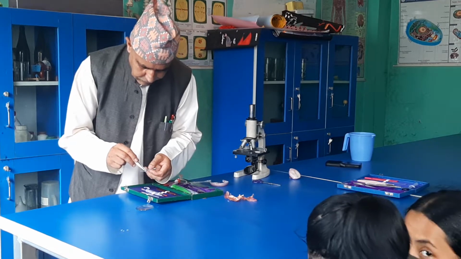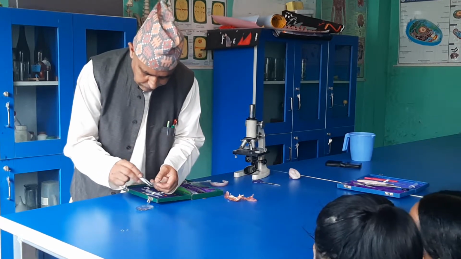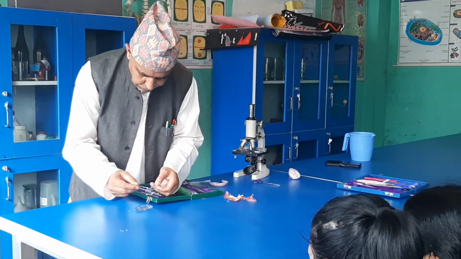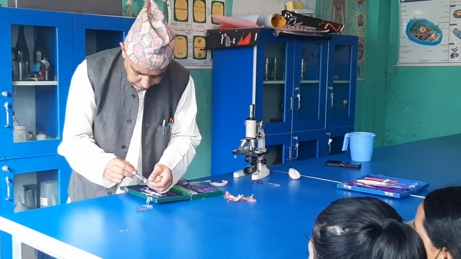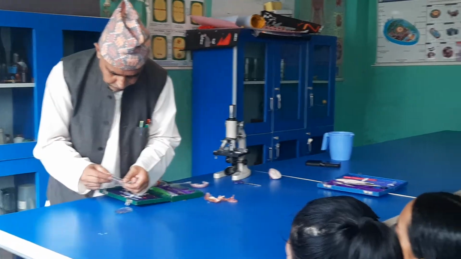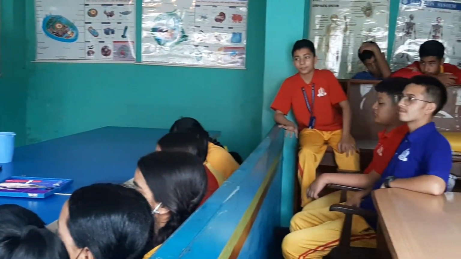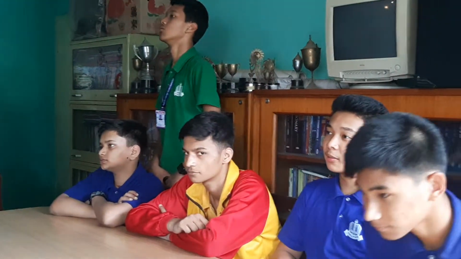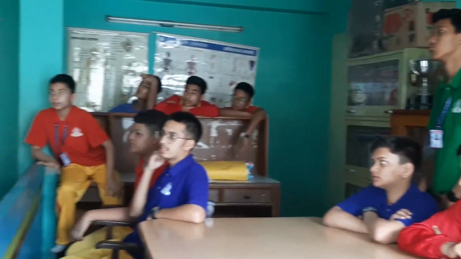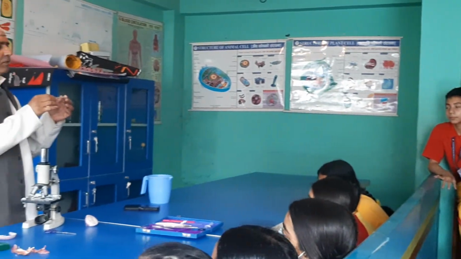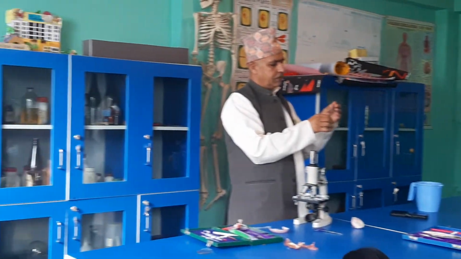Okay, good. I think this big piece is okay. I'm going to show you from this bigger one. What is made here? Temporary slide. What does it contain? Onion membrane. Small membrane of onion is here.